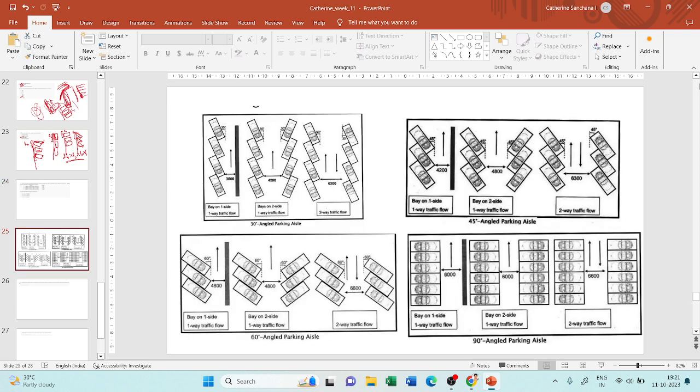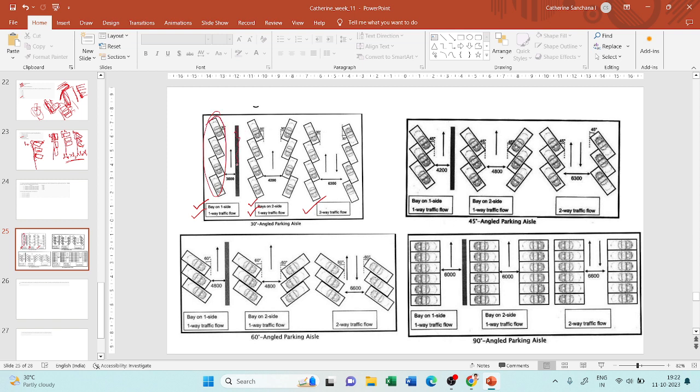Okay, so they've given you the situation, whether it is a bay on one side, whether it is a one-way traffic, or whether it has bays on two sides, whether it has one-way traffic or two-way traffic. What do I mean by bay? So bay is the parking bay. Okay, so this here, it has parking bay only in one side.